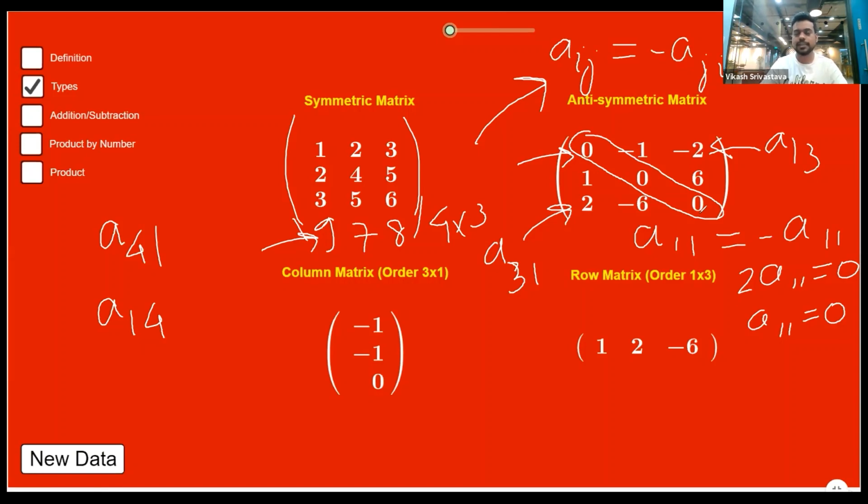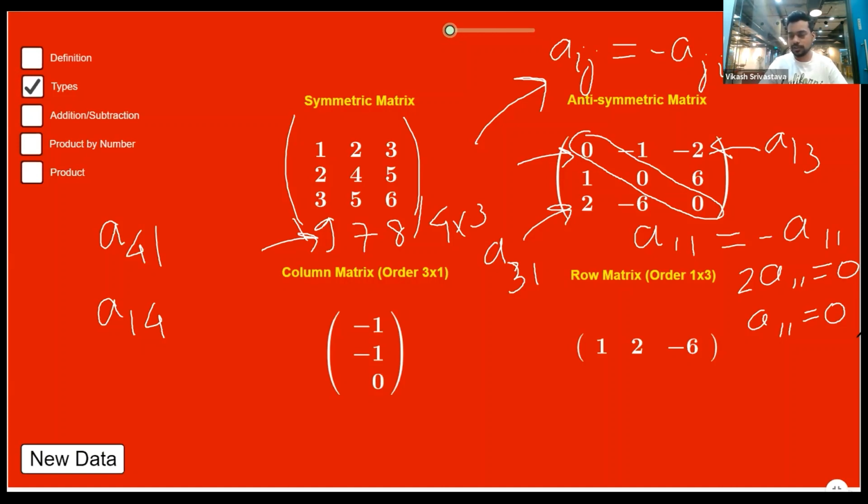So the idea of a symmetric and anti-symmetric matrix makes sense when we have what we call a square matrix. A square matrix is nothing but a matrix in which the number of rows and the number of columns are identical; whenever we refer to order m cross n, m is equal to n.